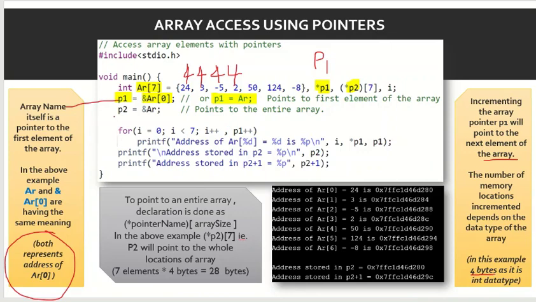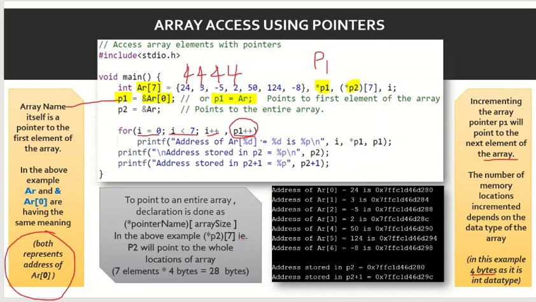I am printing this by incrementing the pointer. The initial condition is i equal to 0, for i less than 7, i plus plus. Along with this i plus plus, I have incremented one more thing, that is the pointer variable, just by writing p1 plus plus.